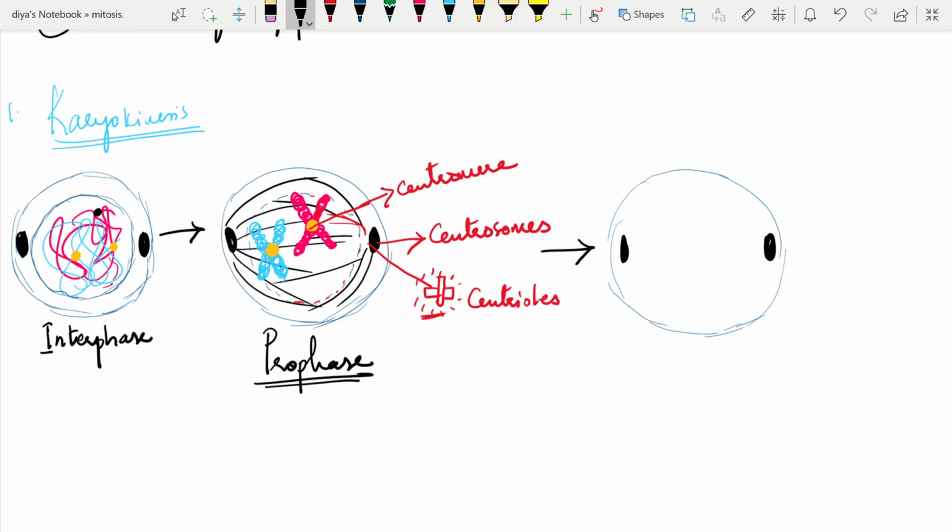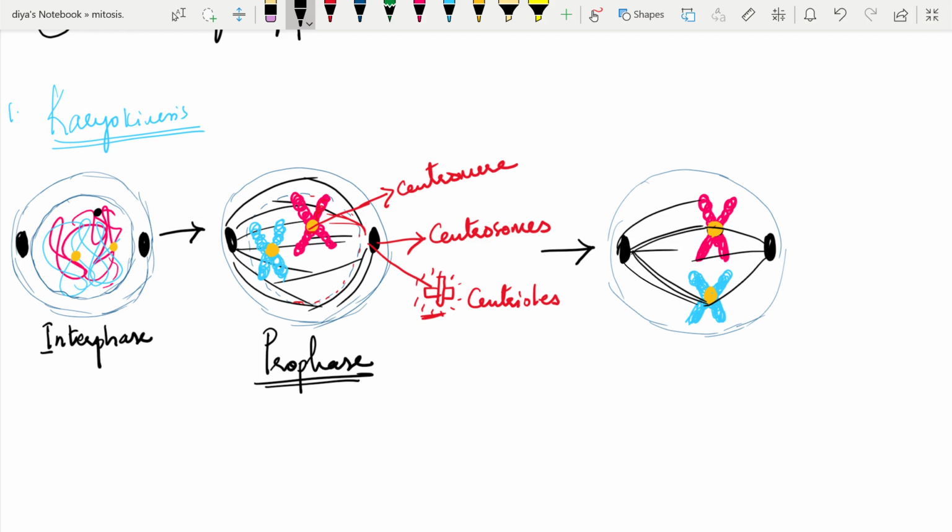Now these centrosomes will anchor to the centromeres of these chromosomes. These are the chromosomes, and these chromosomes have the centromere. The spindle fibers anchor to this centromere.